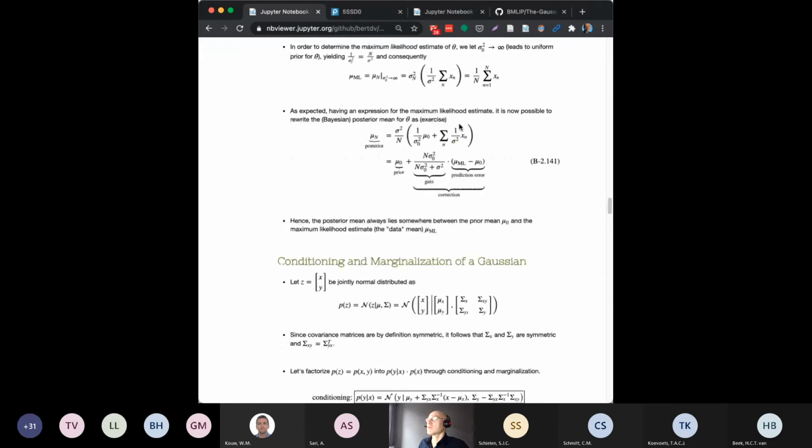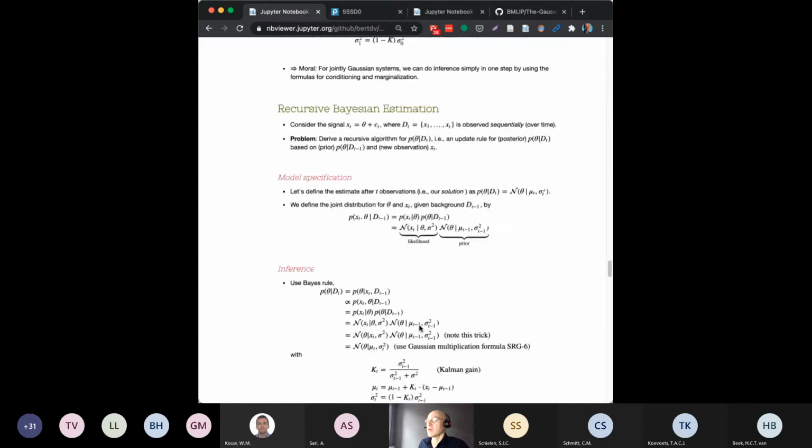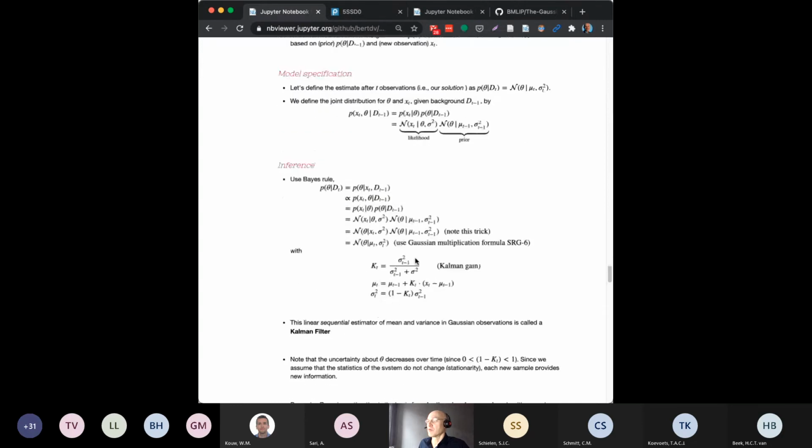It's just rewriting this as a prior plus some gain times a prediction error. It's just a rewriting. You do that a few times, and then you can rewrite it in this form.